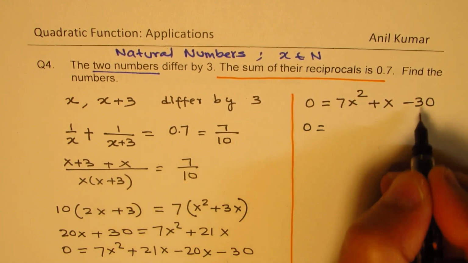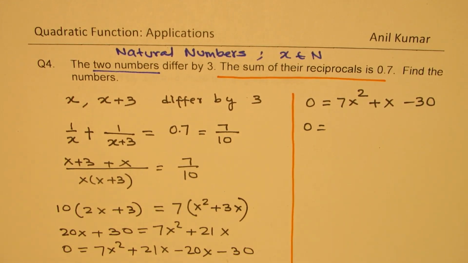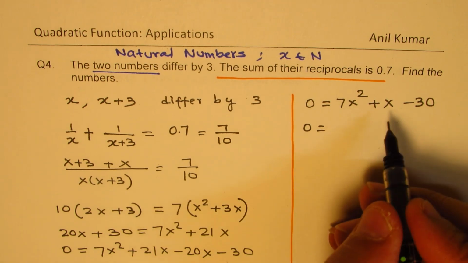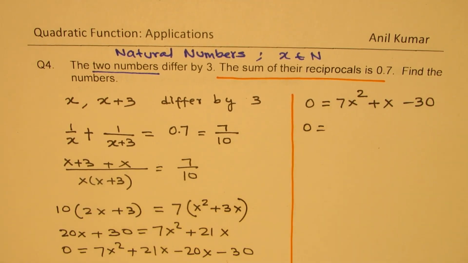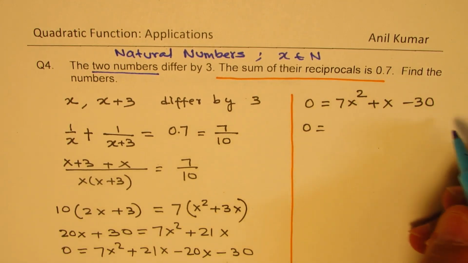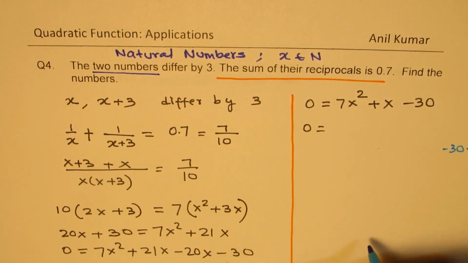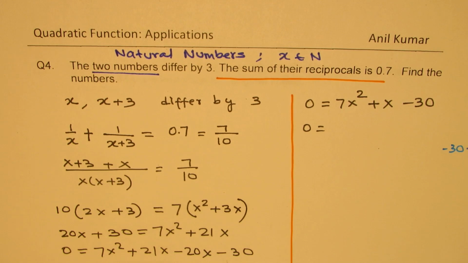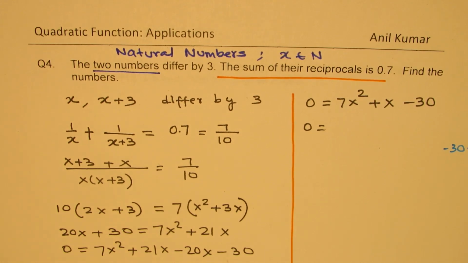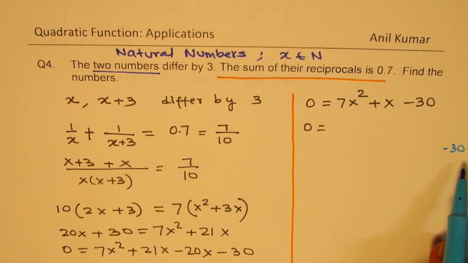We're looking for two numbers whose product is, let's do it on the side, minus 30 times 7, right? And sum is 1, correct? So very close, these numbers should be very close to one another, right?